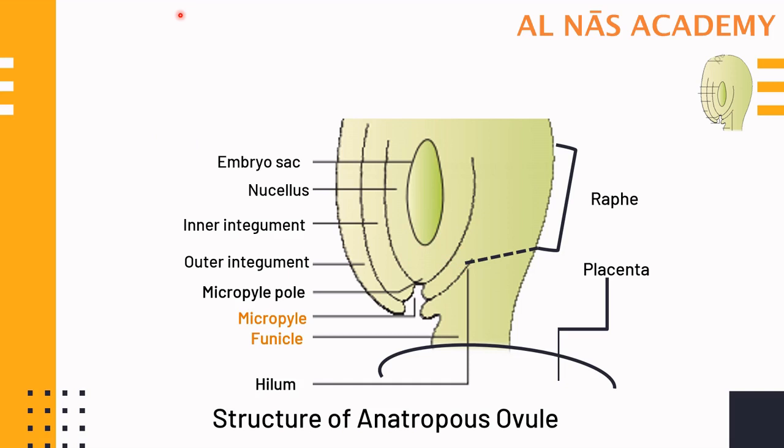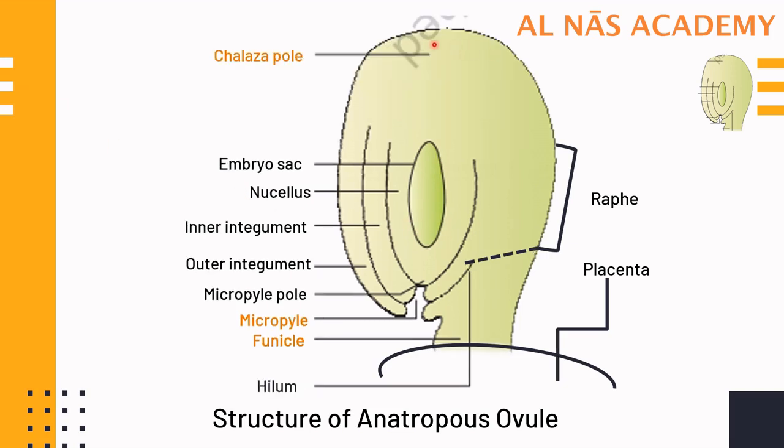The cell is diploid and undergoes meiosis, resulting in the formation of 4 haploid megaspores. The embryo sac is the female gametophyte. It is oval, multicellular, and embedded in the nucellus.